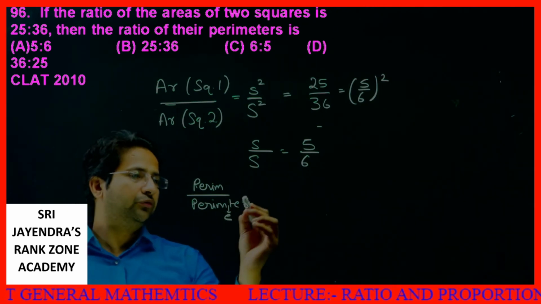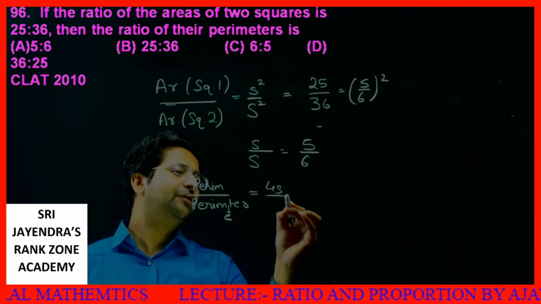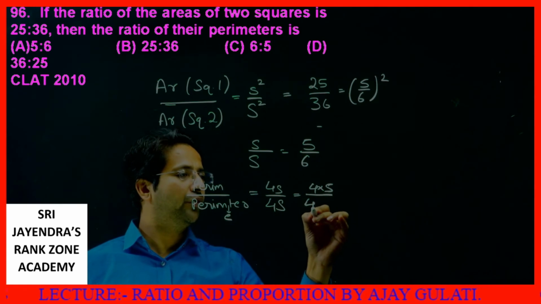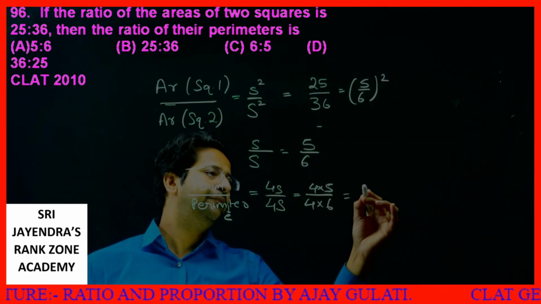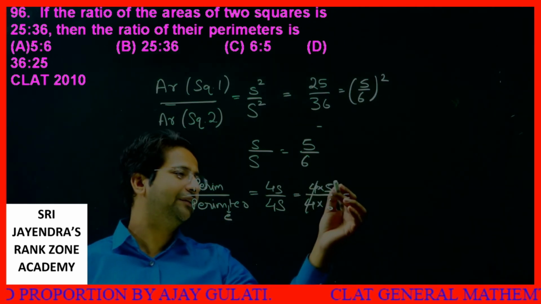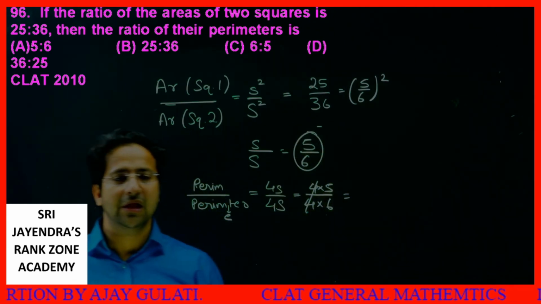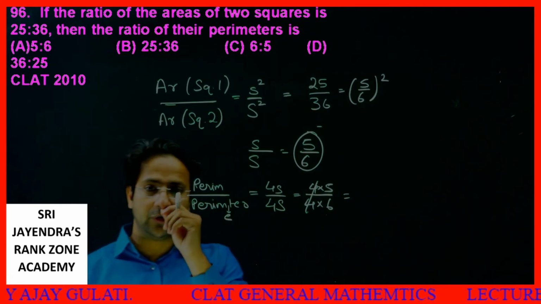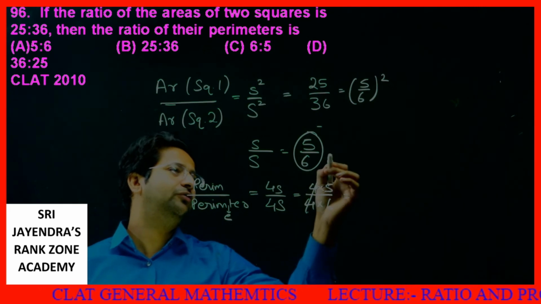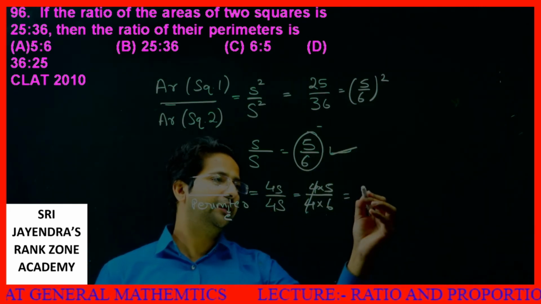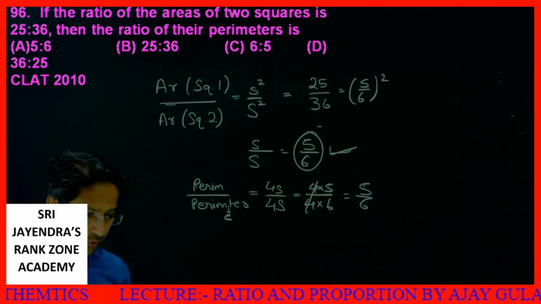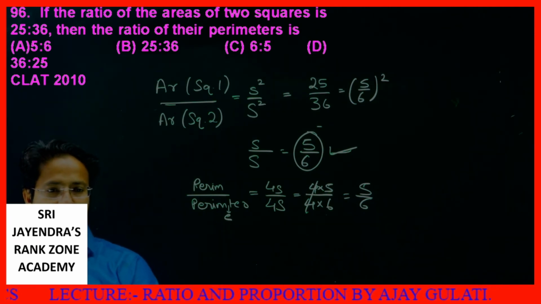So that will be 4 small s upon 4 capital S, or 4 into 5 upon 4 into 6. We don't even need to multiply this because 4 and 4 will cancel. Always remember the ratio of the sides is equal to the ratio of perimeter. So this will be 5 by 6. Option A is your answer. You can directly say from here also. Just copy this if you want to. I am moving to the next question.